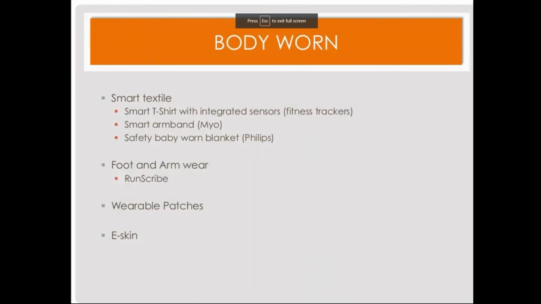In those, smart textiles, for example, there is a smart t-shirt with integrated sensors and they can check for fitness tracking. There is a smart armband by Mayo. There is a safety baby-worn blanket by Philips. These are the smart textiles. Foot and arm wear is there, wearable patches are there, e-skin is there.